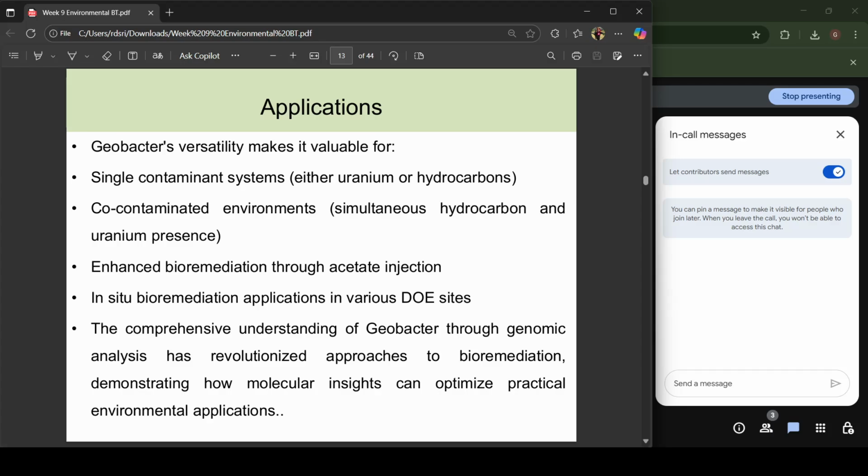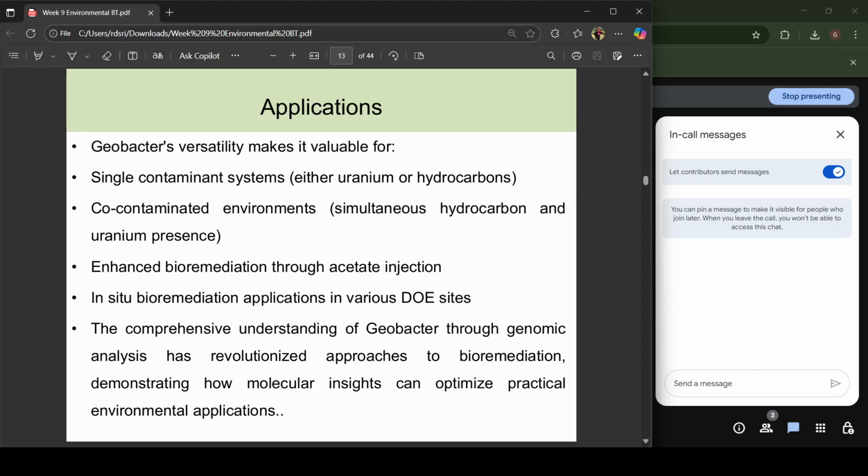Geobacter is a versatile organism. It can be used in a single contaminant system, as we saw for uranium remediation or hydrocarbon degradation. It can also simultaneously remediate both uranium and hydrocarbon. It can enhance bioremediation through acetate injection, because acetate is easily consumed by Geobacter.